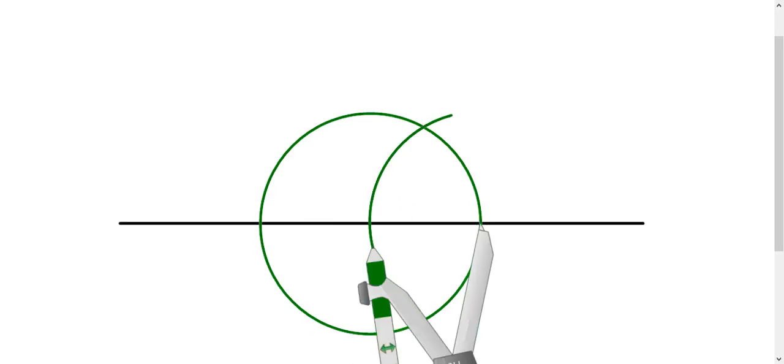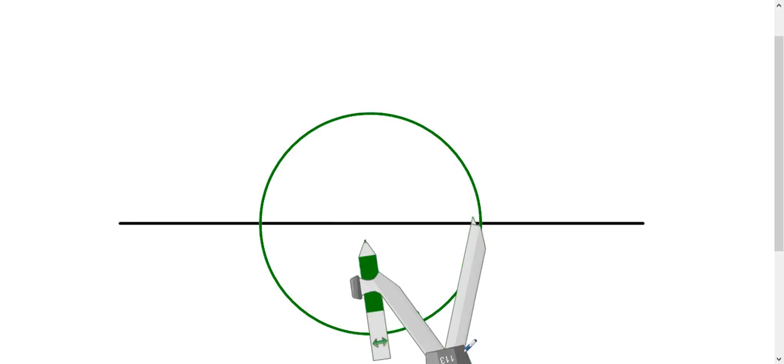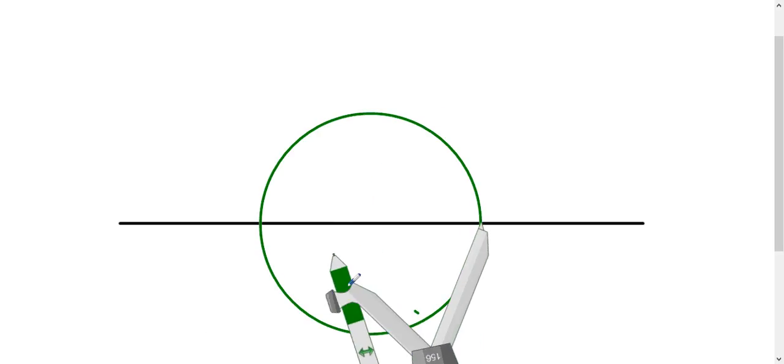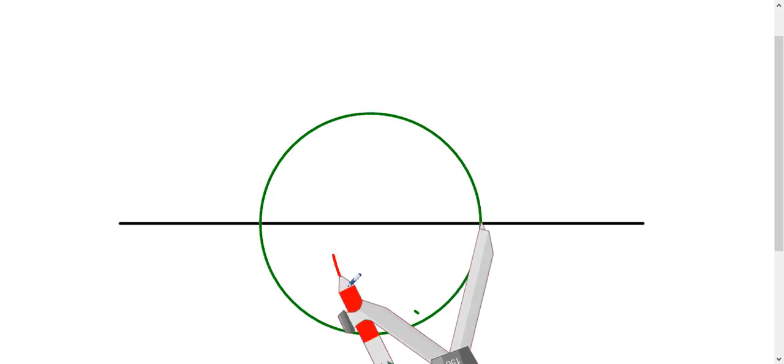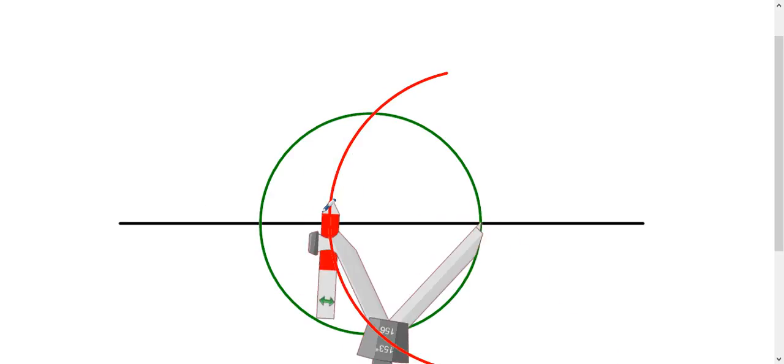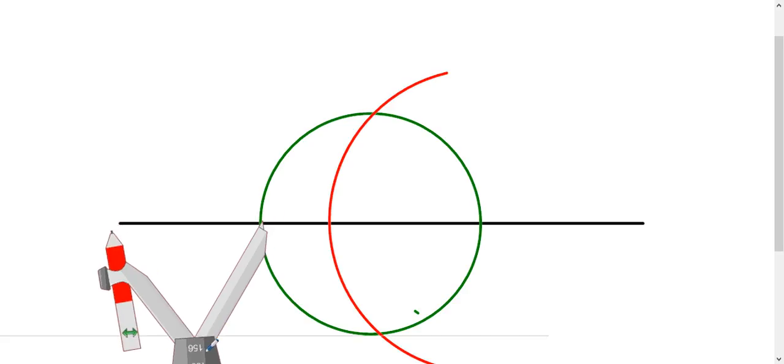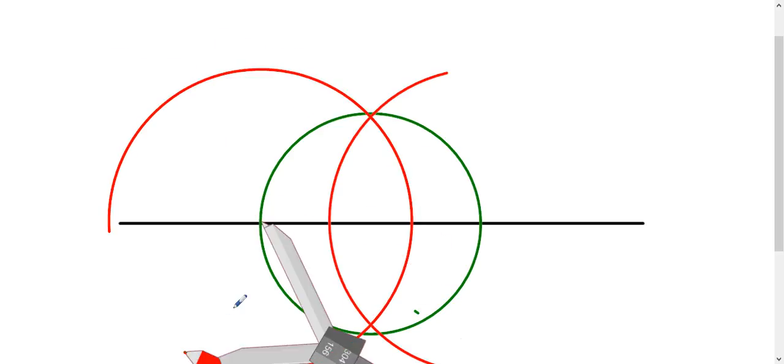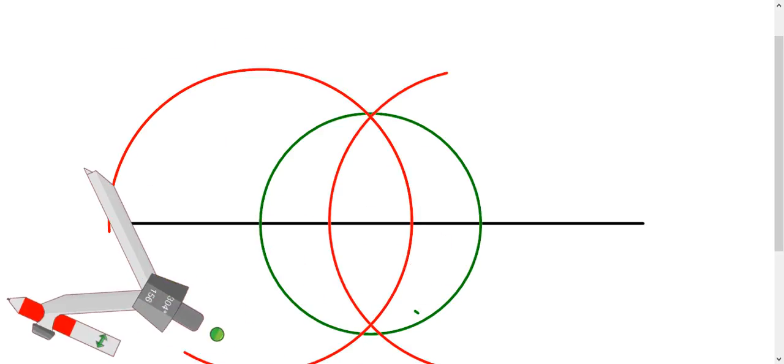And then stretch it more than halfway across so that we can draw the perpendicular bisector for that segment. And we do the same thing from the other side. To make a perpendicular bisector.